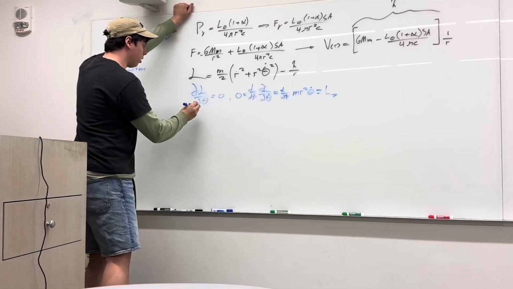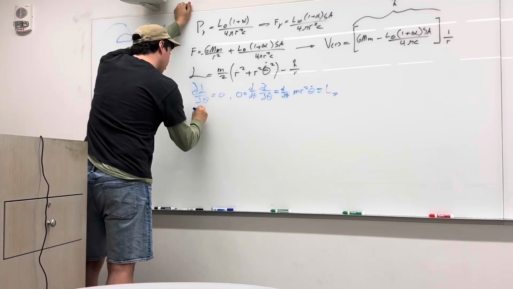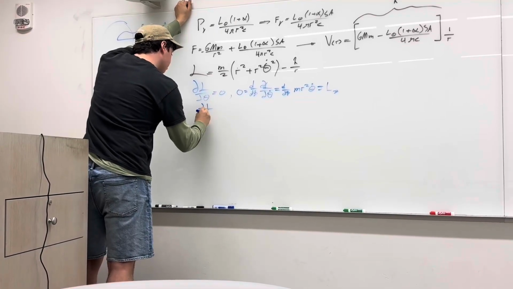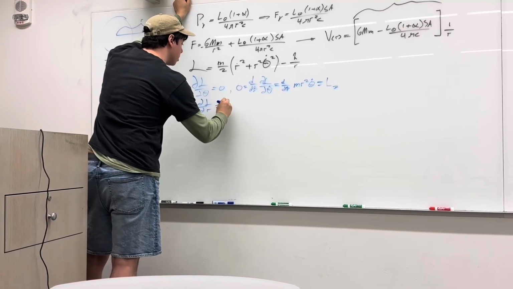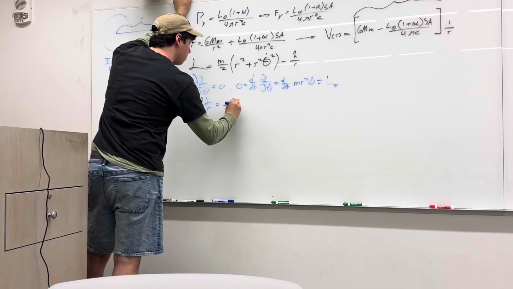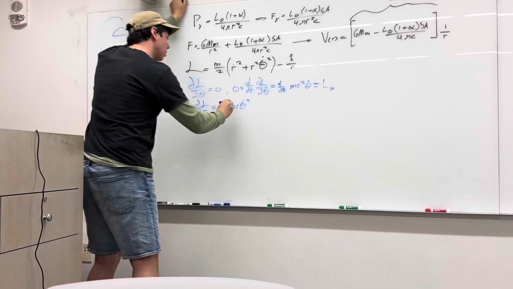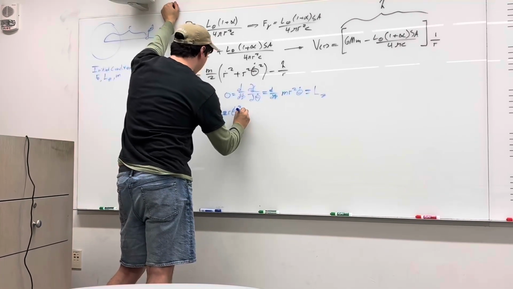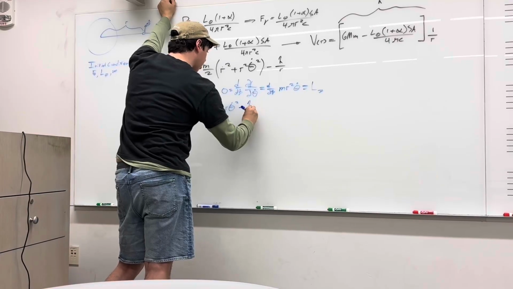Now, for the radial Lagrange equations, we can say that del L by del r is equal to m over 2 times 2r theta dot squared, the 2's cancel, and then minus lambda over r squared.